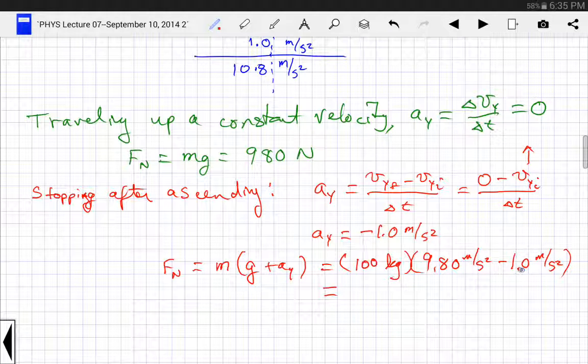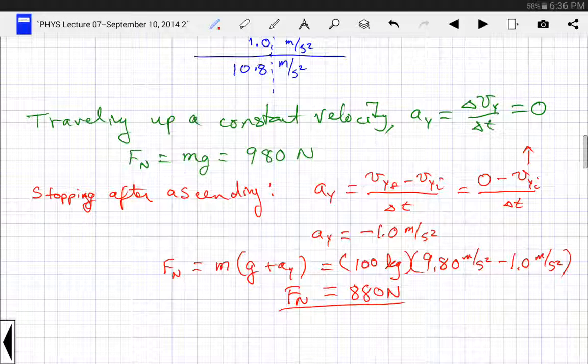This is 8.8 with only 2 significant digits. So I truly only have 2 significant digits in this answer. 8.8 times 100 is 880 newtons. We've covered every case for going up.